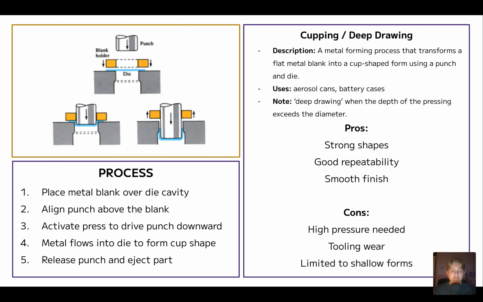When I say metal flow, that's not quite the word I would use there, but sort of allow the metal to be deformed into the shape of the die and the cup shape. Then you'd release the punch to eject the part, or in some circumstances, the die will just have a hole at the bottom of it, so it will just simply fall through into a parts bin.